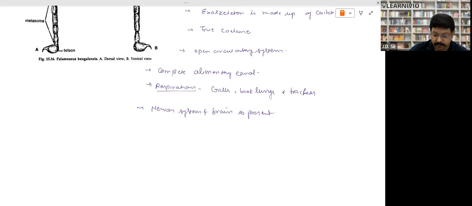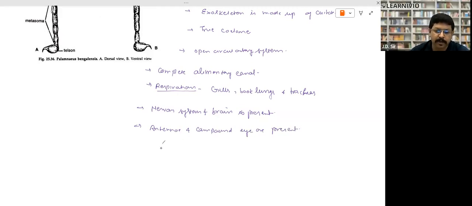Antennae are the sense organs. And compound eyes are present.